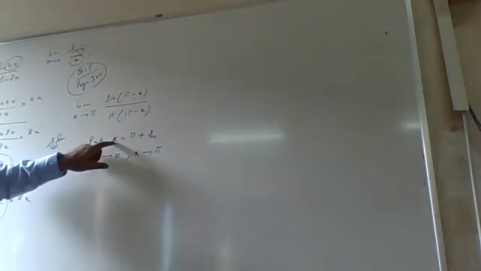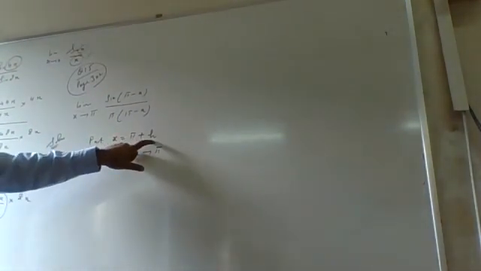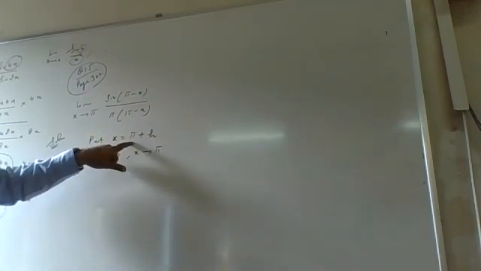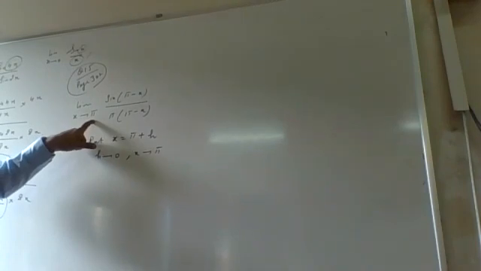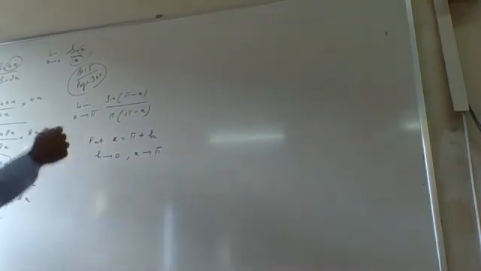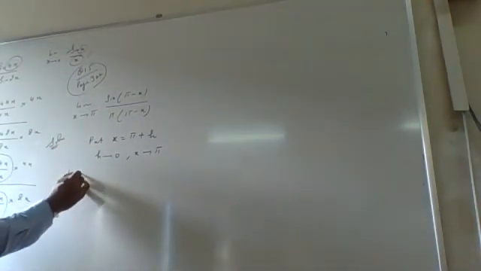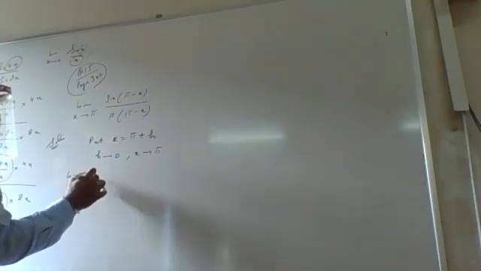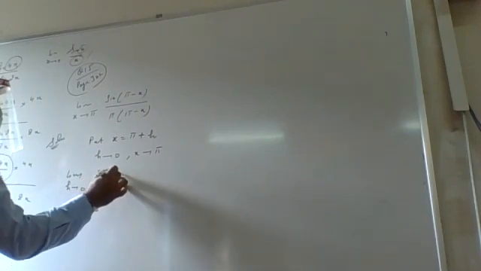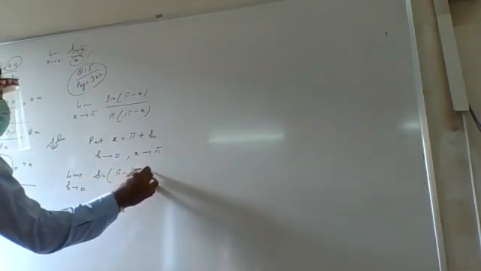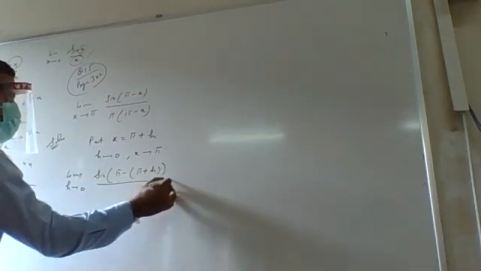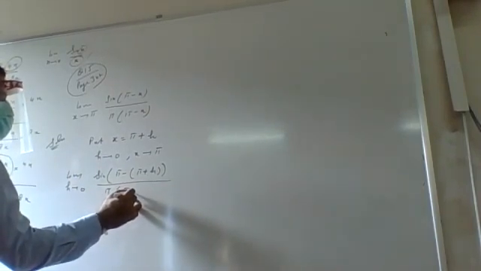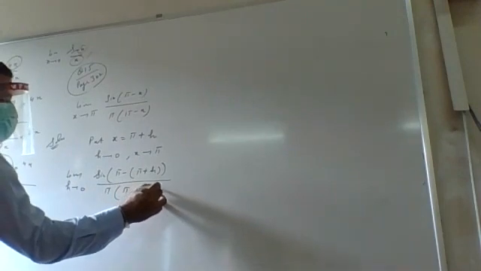I have substituted x as pi plus h. When h goes to 0, where will x go? Towards pi. That is what I am saying, x is going towards pi. Clear? So now this is limit h tends to 0, wherever there is x I will substitute pi plus h. So sin(pi minus pi plus h) upon pi is to pi minus pi plus h.